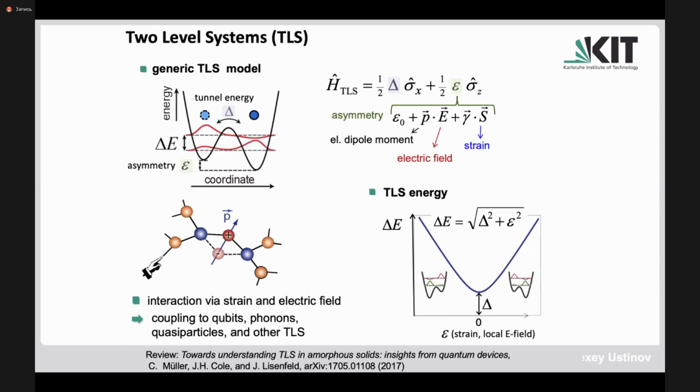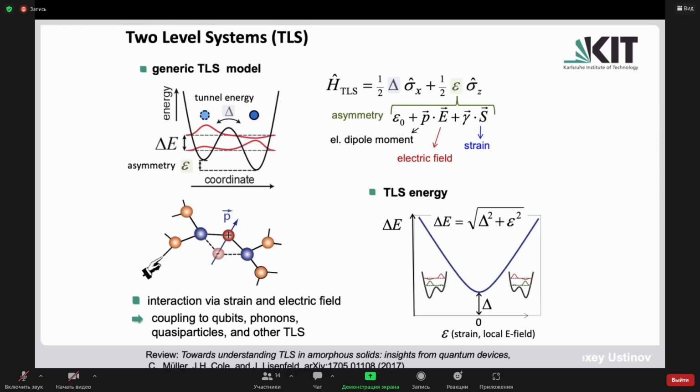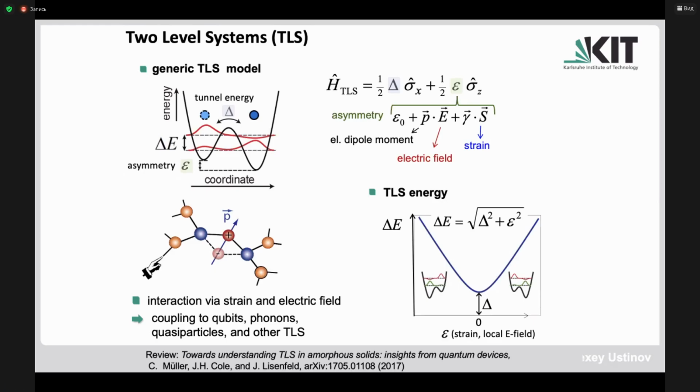Now, a two-level system is described by the Hamiltonian, which you see here on top. The Hamiltonian is written here in notation of Pauli operators, sigma x and sigma z, where delta is the amplitude in front of sigma x and epsilon is the amplitude in front of sigma z. The asymmetry parameter is some intrinsic parameter, which is due to the eventual structure of the material there.